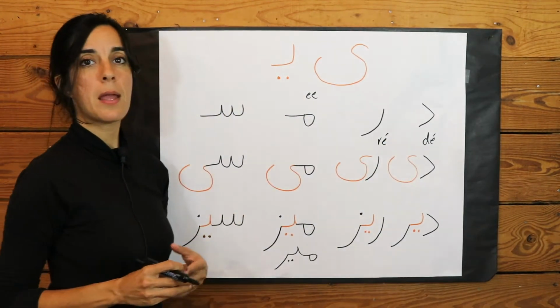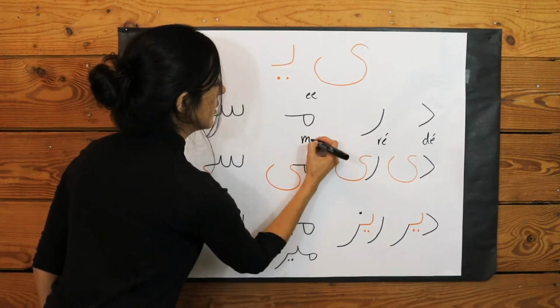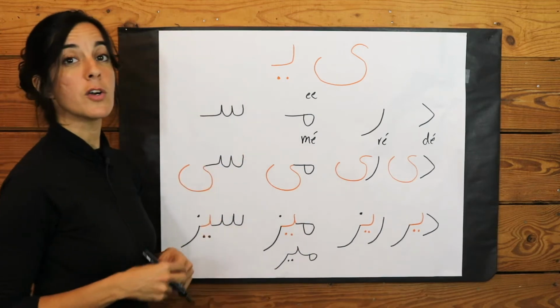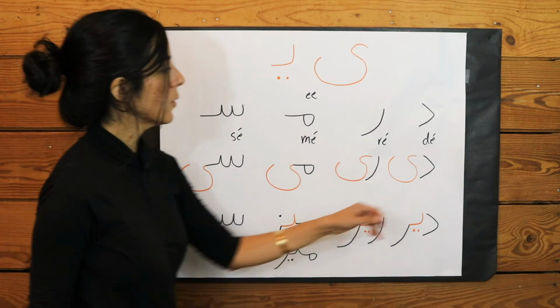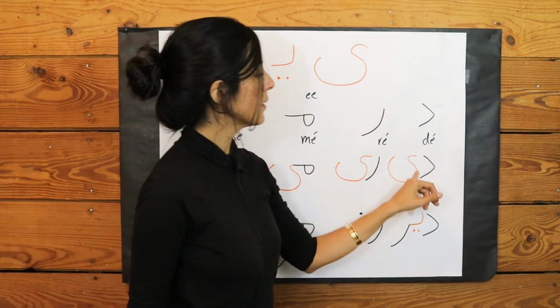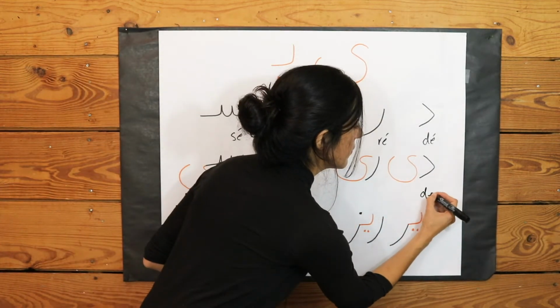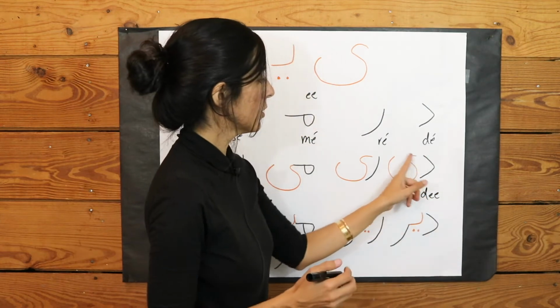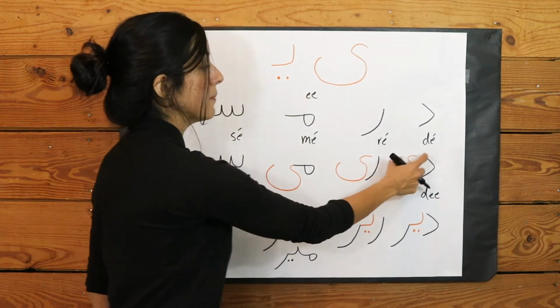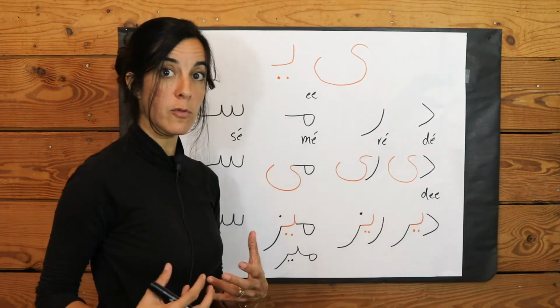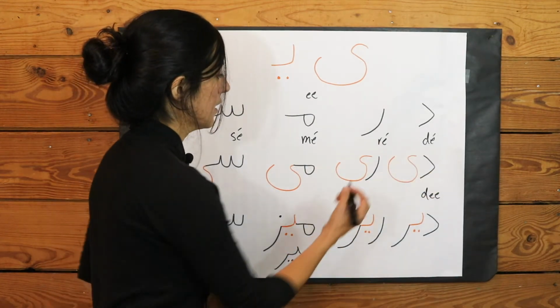This one, me. And last, our newest consonant, se. When we combine them with our E, it becomes di. And because we're terminating at that letter, it becomes the ye bozorg. So anytime the ye shows up at the end of a word, it looks like that.